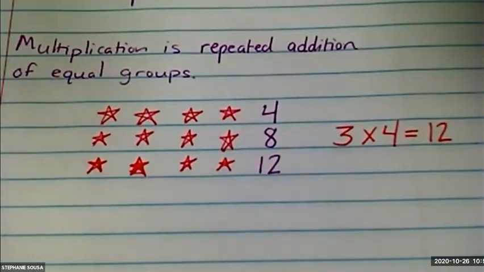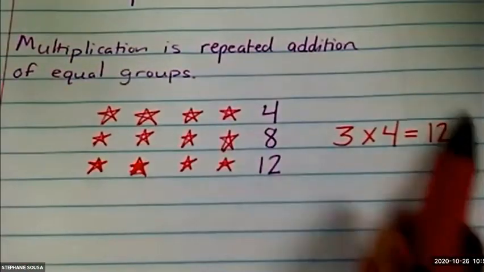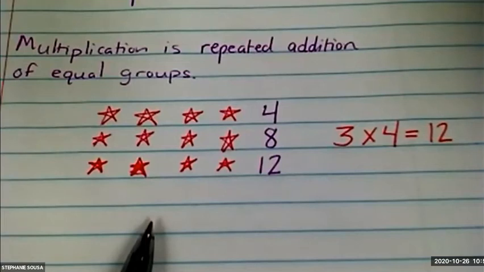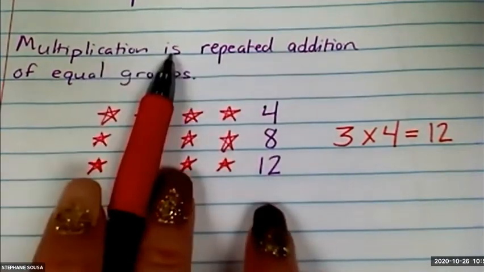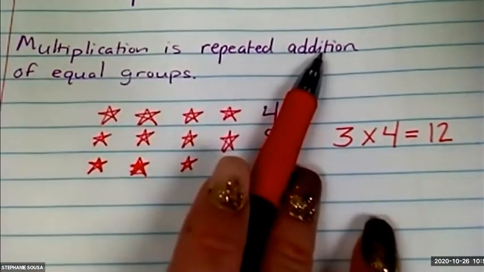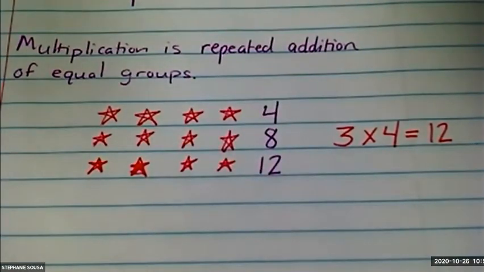Okay, so this is our example of what multiplication looks like when we're applying it to groups or to arrays. Now, we have said in our definition that multiplication is repeated addition, and that is true. So now we're actually going to write the repeated addition equation as well.